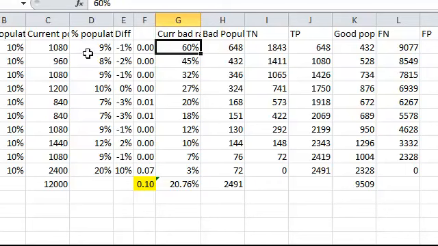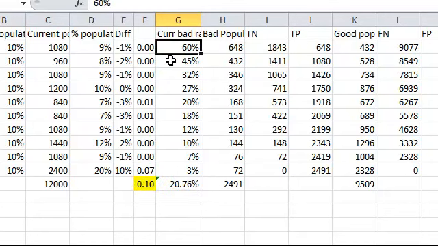Suppose in the first decile, 60% means that there are 648 default customers in a population of 1080, and this way I come down to the total bad population, which is 2491 out of these 12,000, implying a bad rate of 20.76%.